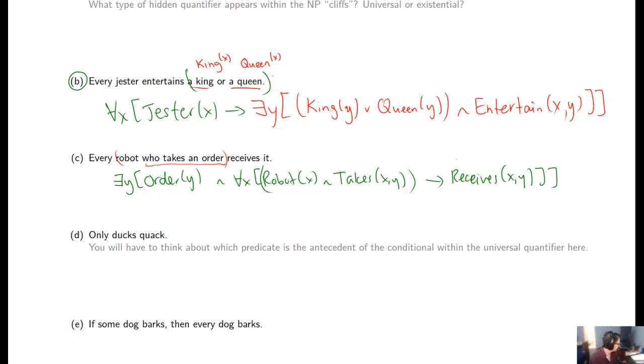The other way of doing it, which was a little bit less intuitive, would be like bringing both of the quantifiers out front, which is something that we haven't seen, so I wasn't expecting you to see this one.